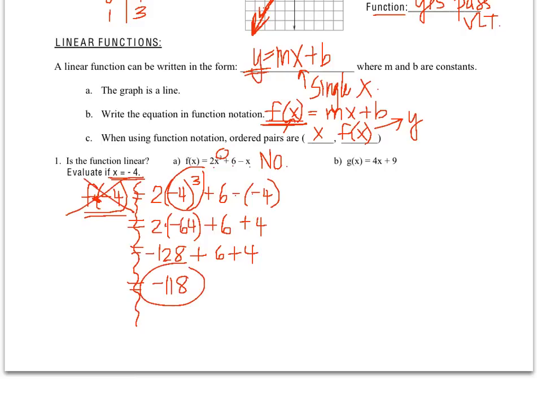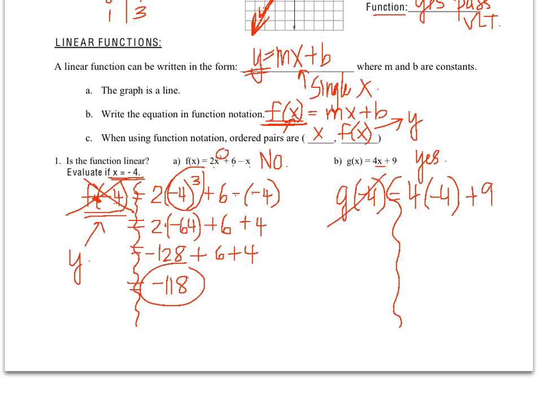I don't care about this left-hand side anymore because what does this just say? That's my y value. And what did I do? I plugged in x is negative 4. Okay, so let's try one more. Is the second one linear? The answer is yes because it's a single x. So I'm going to plug in g of negative 4. And what that means is I'm going to plug a negative 4 in for x.